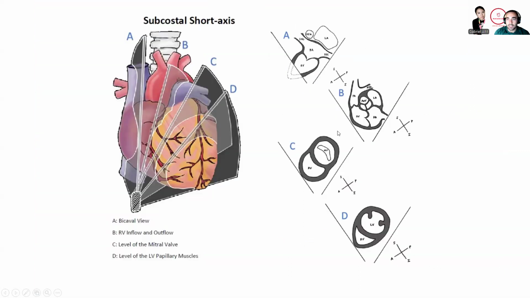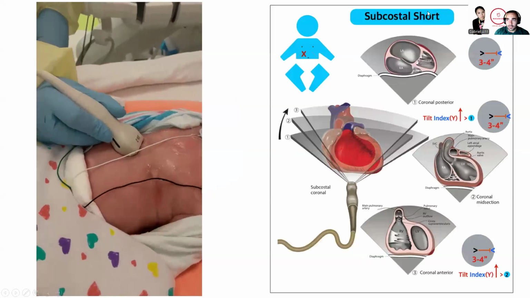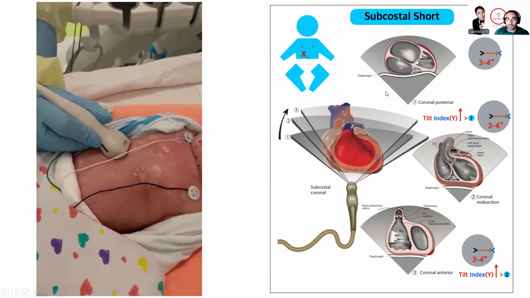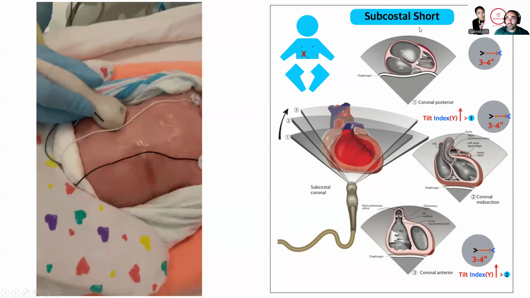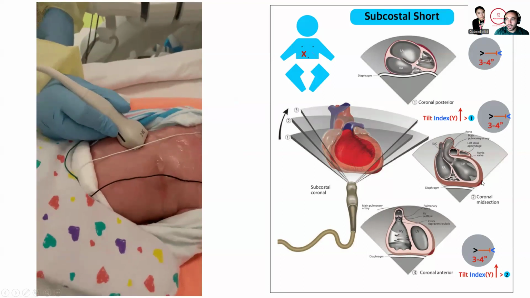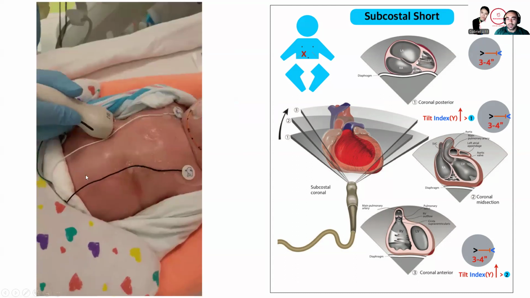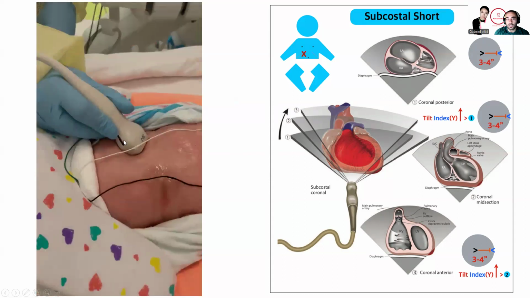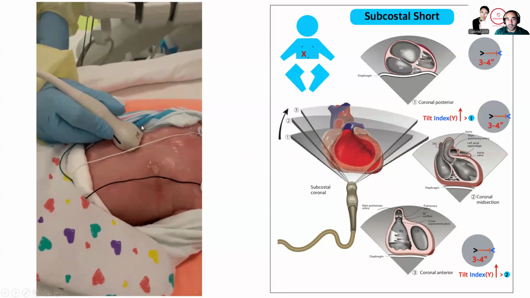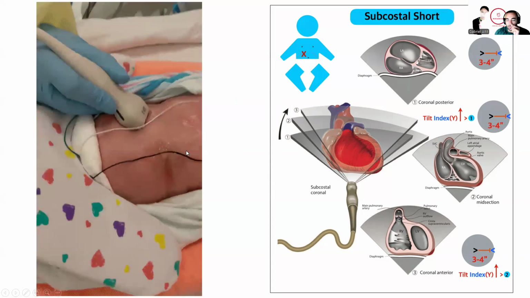This was the short axis. This is written short, but it's actually the long axis. This is a mistake. I had corrected it, but this is probably an old slide. Why the long axis? Because the LV is along its long axis, as you can see. The probe is parallel to the costal margin.